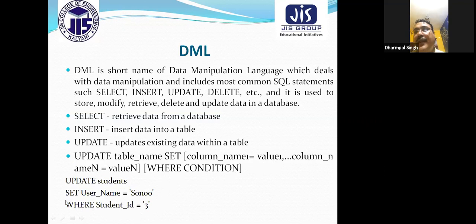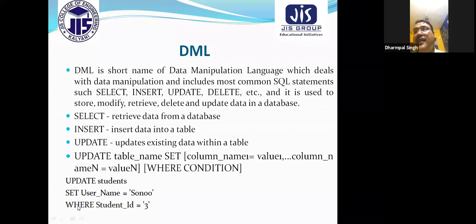If I do not mention this part and only write update student set username equals Sonu, then all the usernames will become Sonu. If you want to make changes on a specific row, you have to write update student set username Sonu where student ID equals 3.